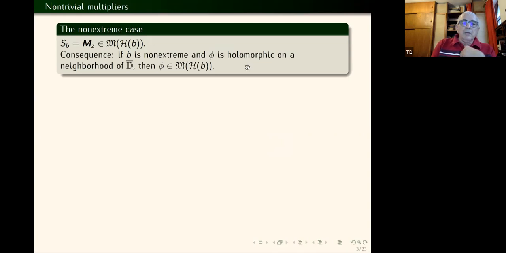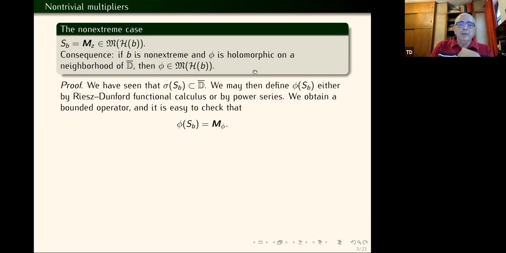And we can deduce from this that if we take any function that is holomorphic on a whole neighborhood of the closed unit disk, then this function is a multiplier. And it's very simple to give the proof. We have already seen that although S_B has norm larger than 1, the spectral radius is 1.